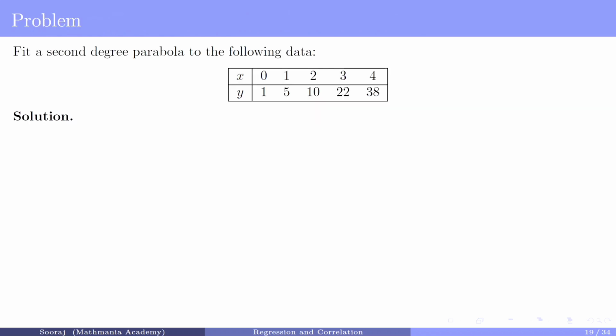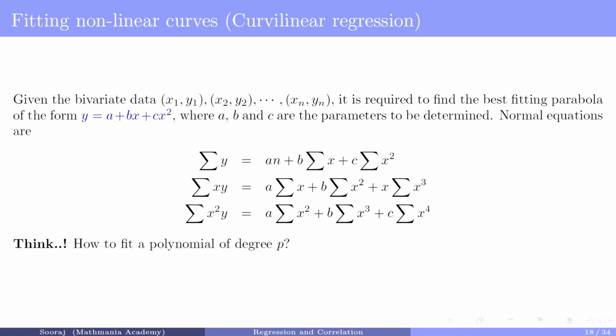Here let us see an example. We have data, and what are the things we need to find out? Summation y, summation x, summation x square, summation x cube, summation x power 4. There is a typo, it is c, not x. And summation xy, summation x square y.